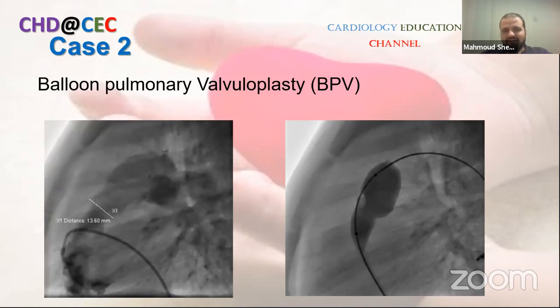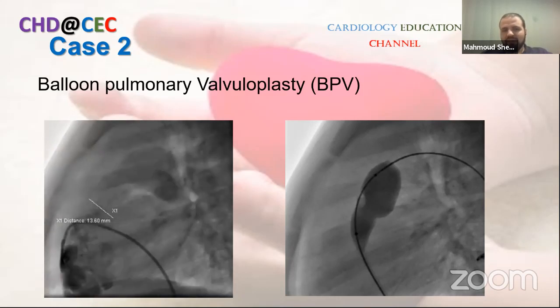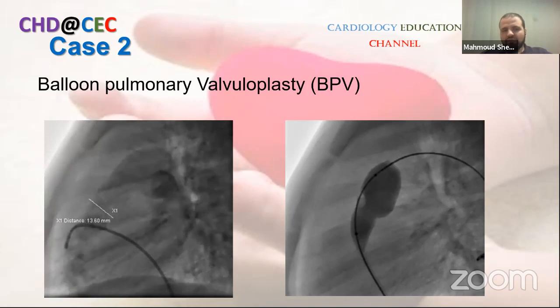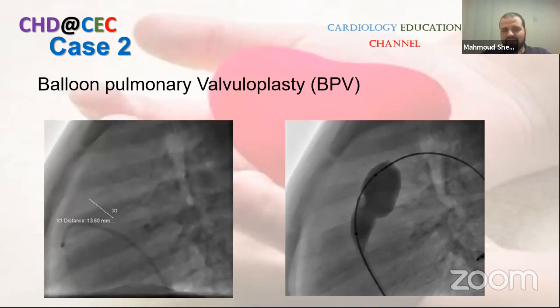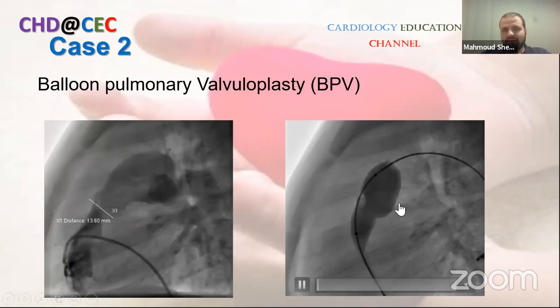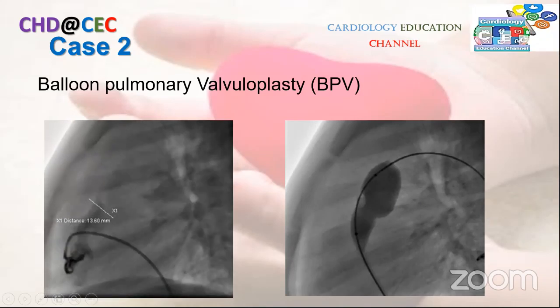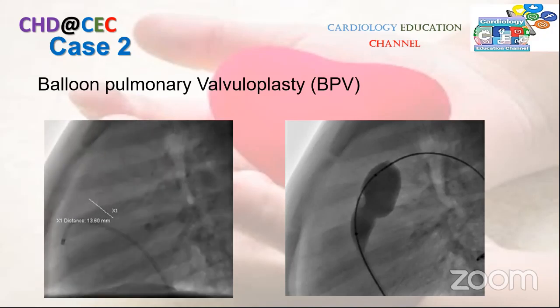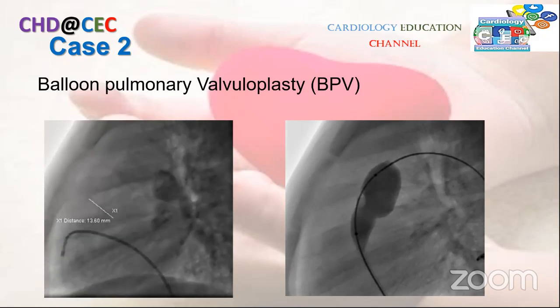So as Khalid mentioned, use a low profile balloon, a low pressure balloon, and also stick to the number and the pressure. Even if you want to use another balloon, you can get a medium pressure balloon rather than inflating the balloon beyond the burst pressure. I think rupture of the balloon is the nightmare of the cath lab while doing balloon pulmonary valvuloplasty. The most common complications, as we just mentioned, are the vascular access complications.